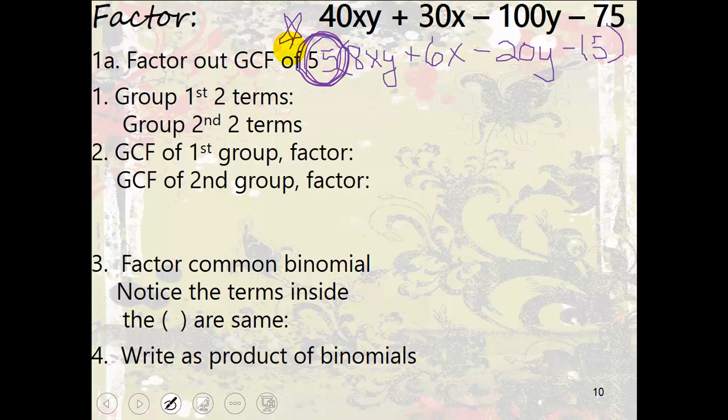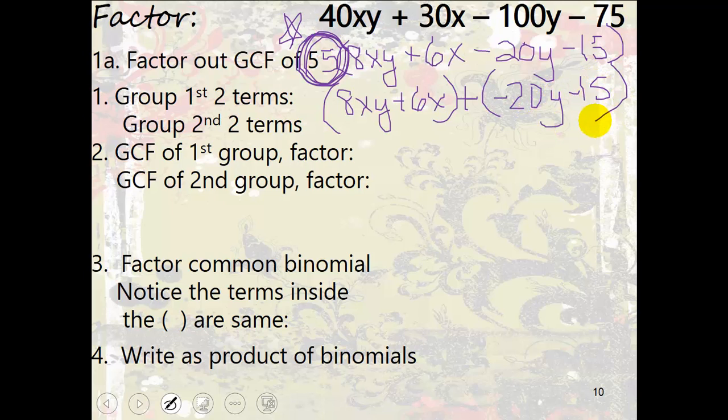Now I'm going to group 8xy plus 6x together. Now watch how I handle all these negatives here. Plus, and then I put my negative 20y minus 15 inside the parentheses. Now I'm going to factor out a 2x, and that's going to give me 4y plus 3.